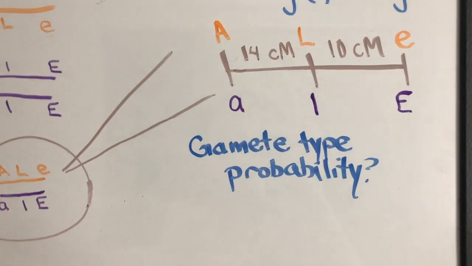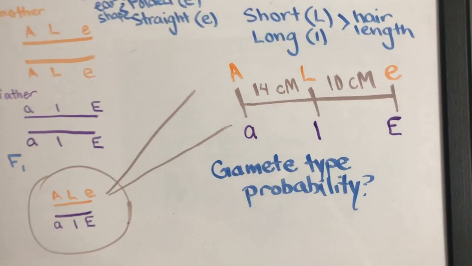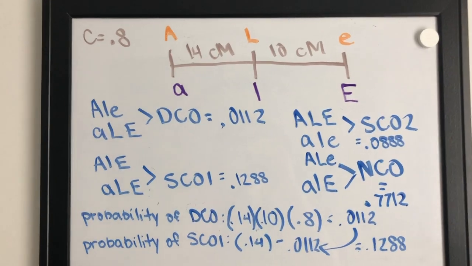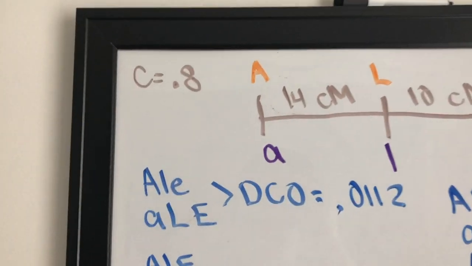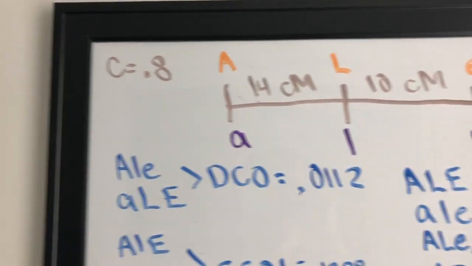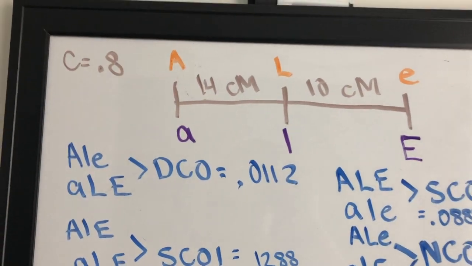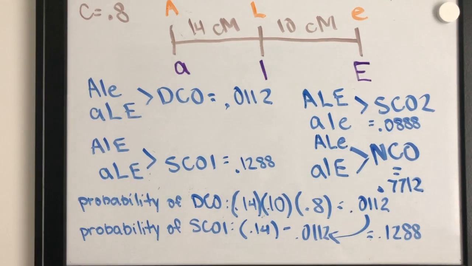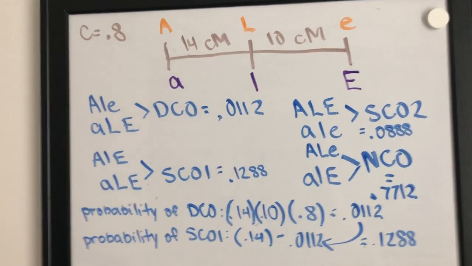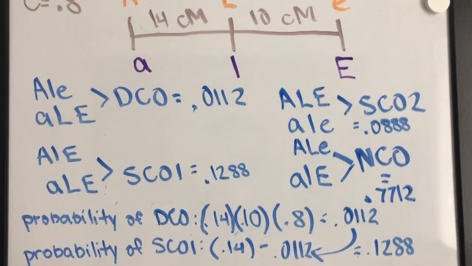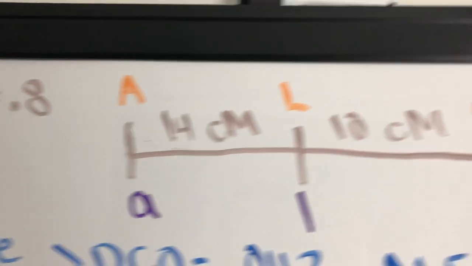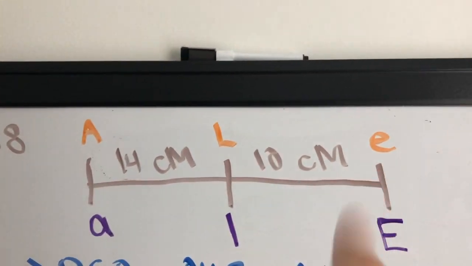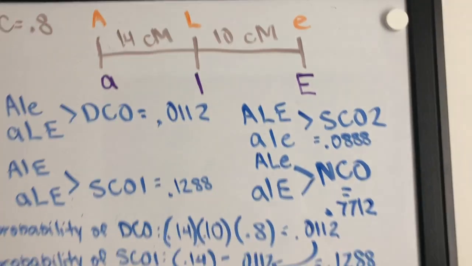And then next time on this board, we're going to talk about gamete type probability. So now, as we know the coefficient of coincidence is 0.8, we are going to go over the gamete probability of these gamete combinations. So we either have a single crossover in position 1 or position 2, or a double crossover or no crossover.